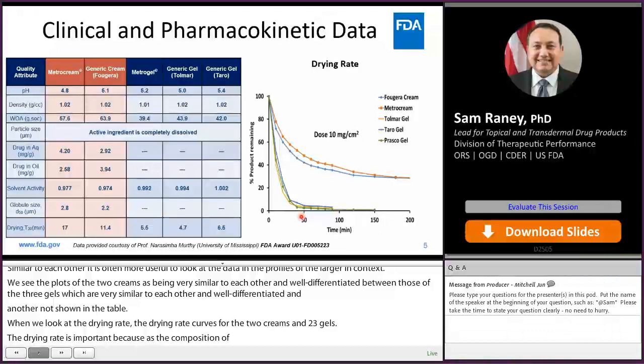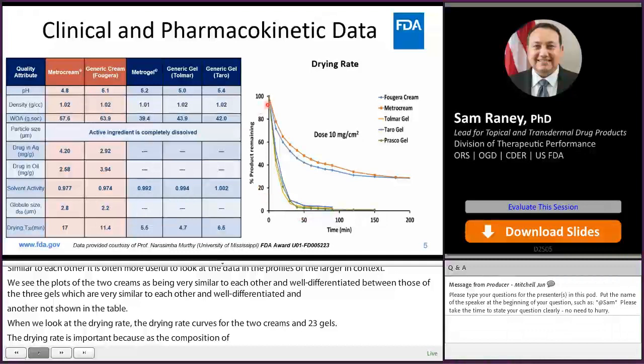And the thermodynamic activity, as the drug becomes more concentrated and its solubility approaches saturation solubility, changes, and this really helps to modulate the rate and extent to which it becomes permeating into the skin. And so these drying rates are important.